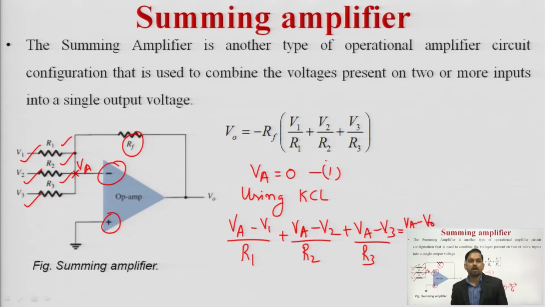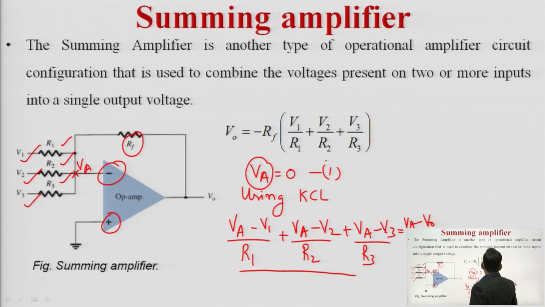So if we utilize VA equal to 0 in this equation, then we can achieve the result that V0 equals minus RF times (V1 by R1 plus V2 by R2 plus V3 by R3).